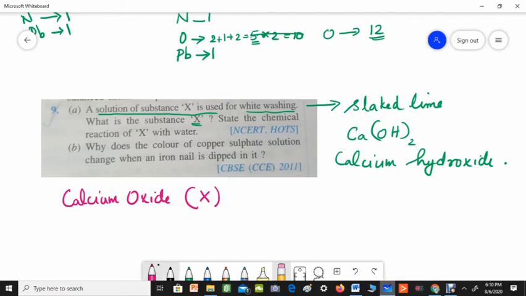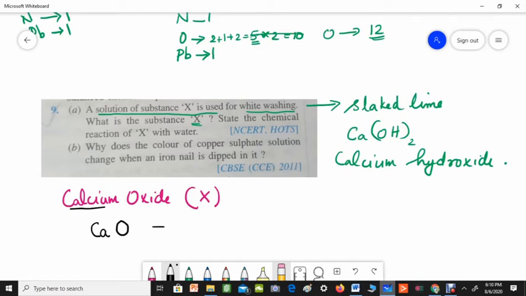So what is the formula for calcium oxide? Calcium symbol is Ca, and oxide we write O. The calcium valency is 2, and that of oxygen also 2. They cancel each other, so the formula of calcium oxide is CaO.